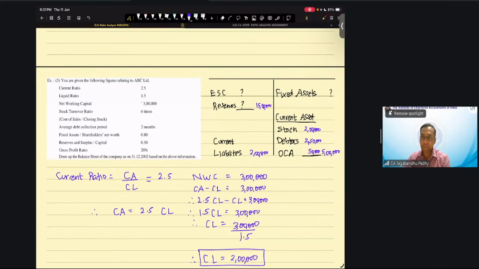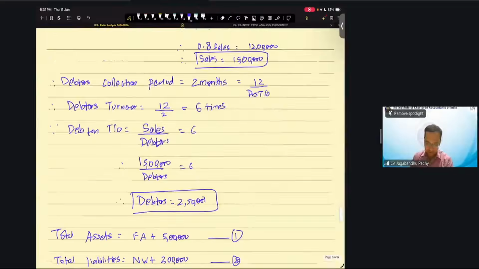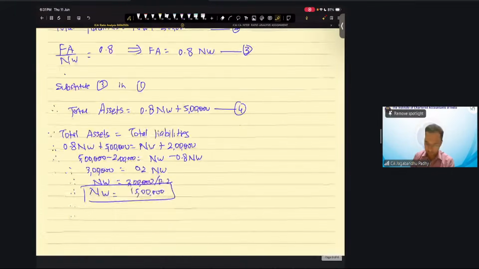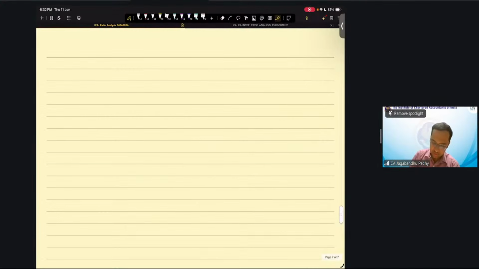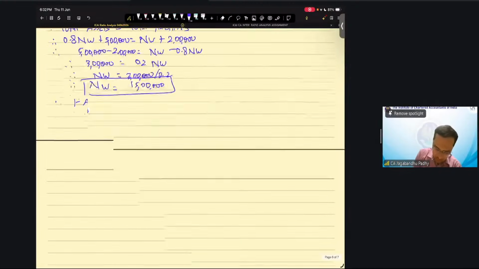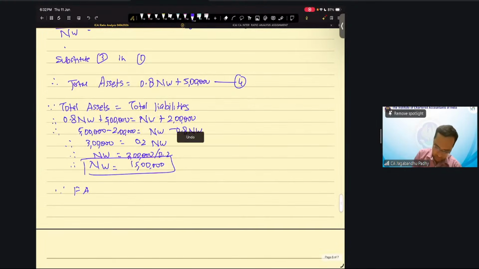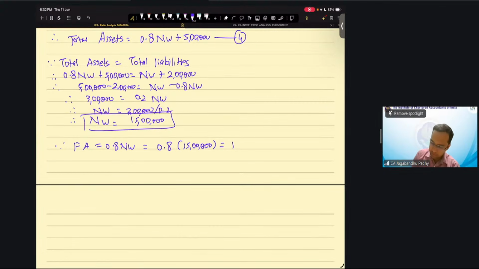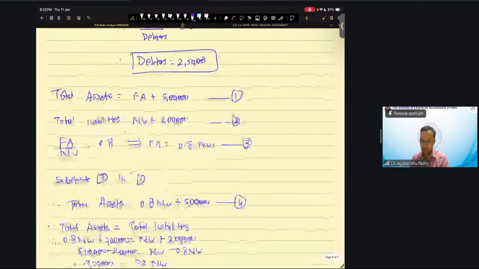Now, let us try to understand how we get the fixed asset. We have the fixed asset to net worth as 0.8, so fixed asset is 0.8 times of net worth, which is 0.8 times 15 lakh, that's going to be 12 lakh.